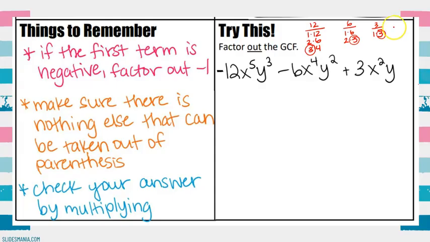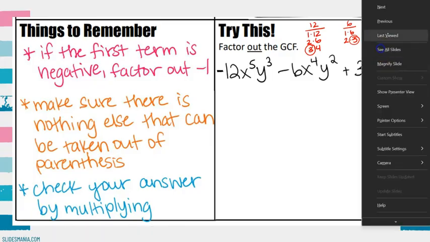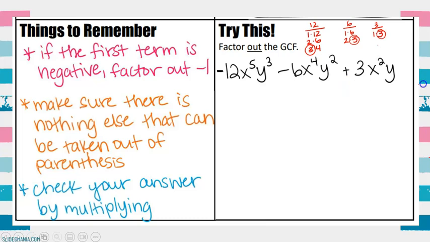So part of my GCF is going to be 3. And then when we look at our variables, the smallest x we have is x to the second, and the smallest y we have is y.